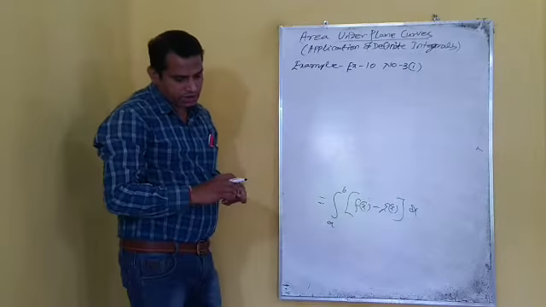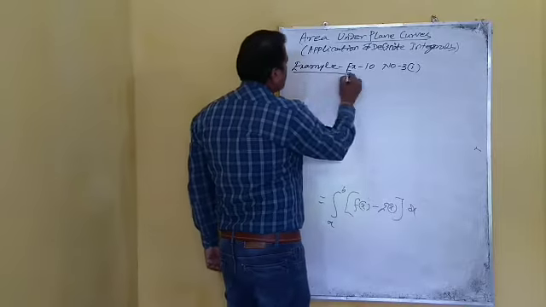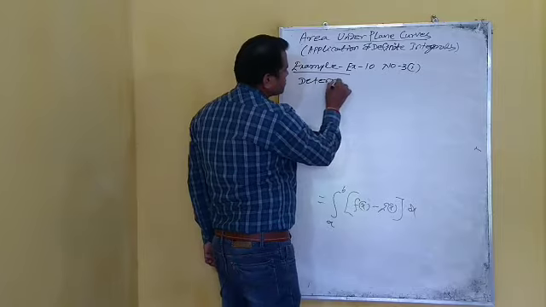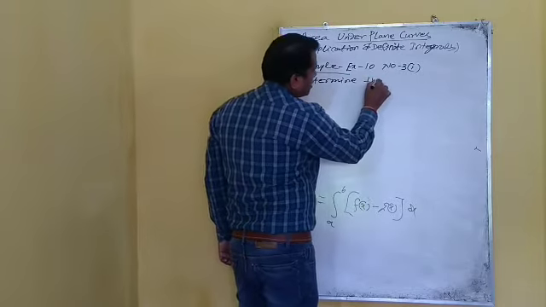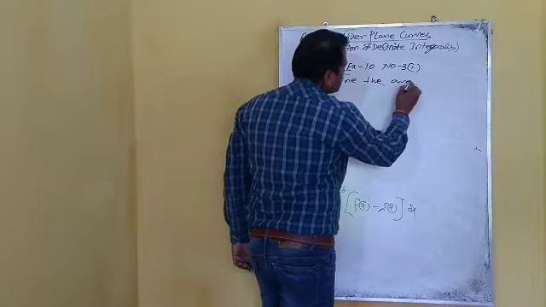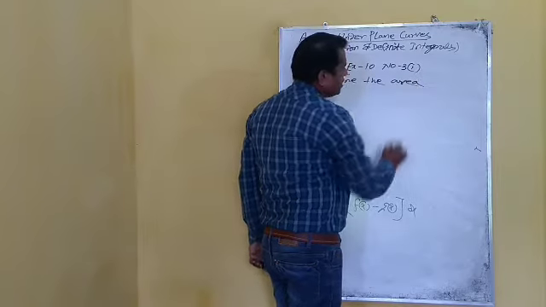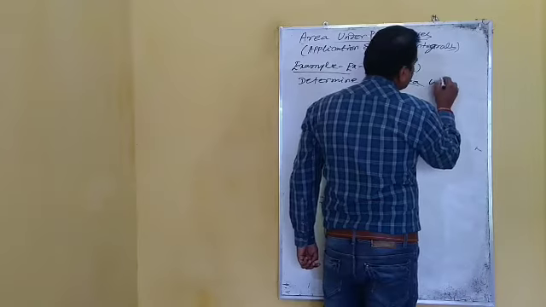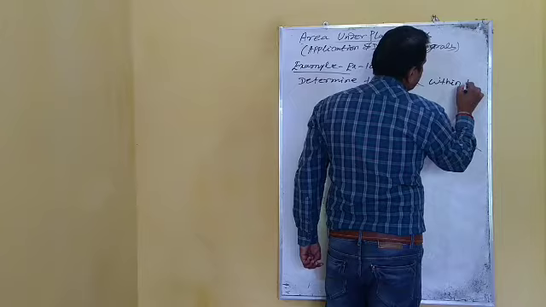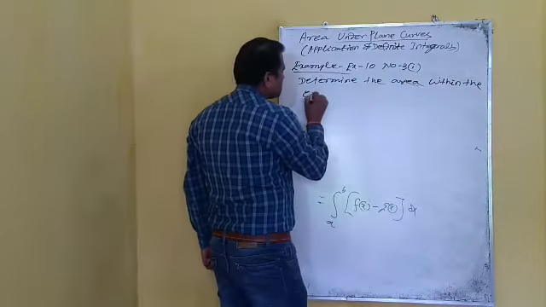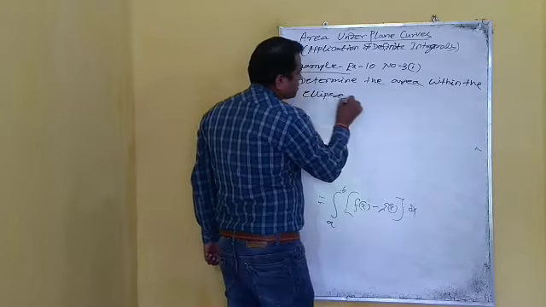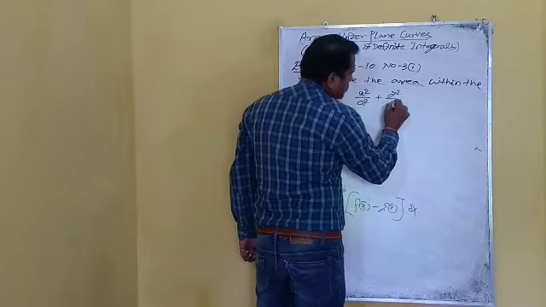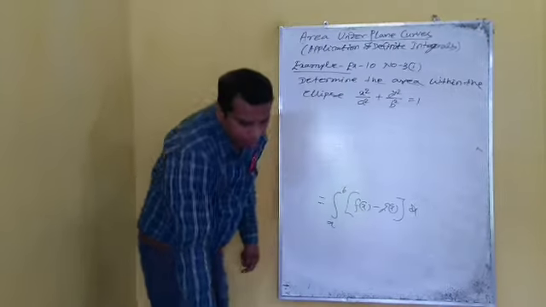The question is: determine the area within the ellipse x square by a square plus y square by b square is equal to 1.